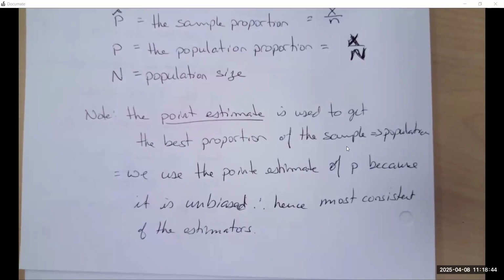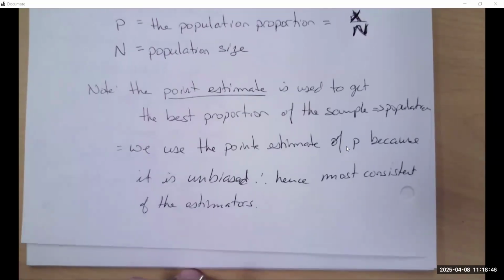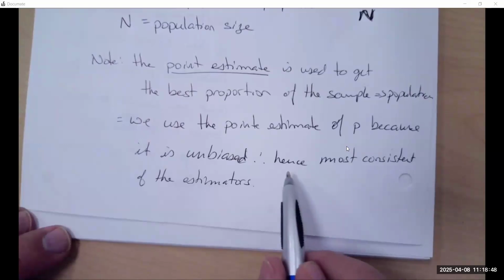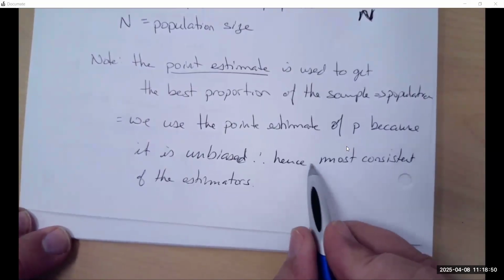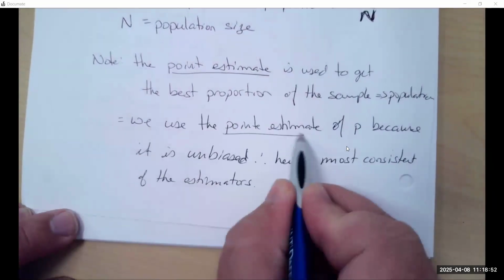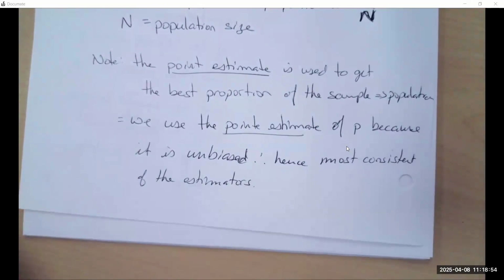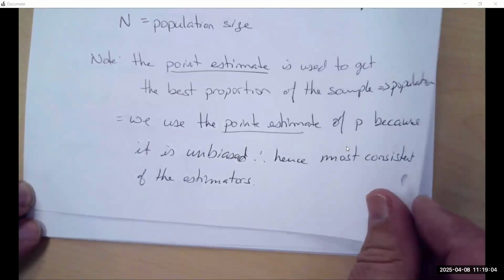So this point estimate is the most consistent of all the estimators, because we have multiple estimators that we can use. It's just the point estimate that we will define. That's what we always use.